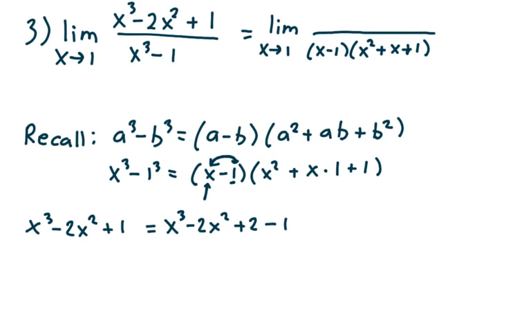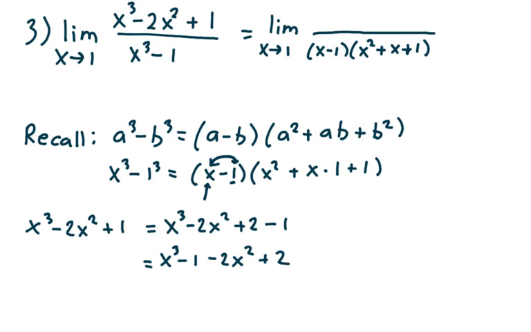Now what I have is a 4-term polynomial. Of course, it's not reduced. But what I'm going to do is write this as x cubed minus 1, and then minus 2x squared plus 2.